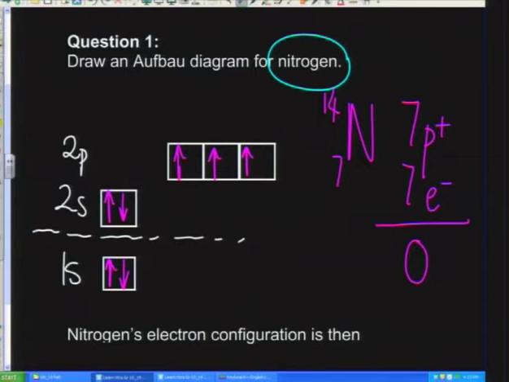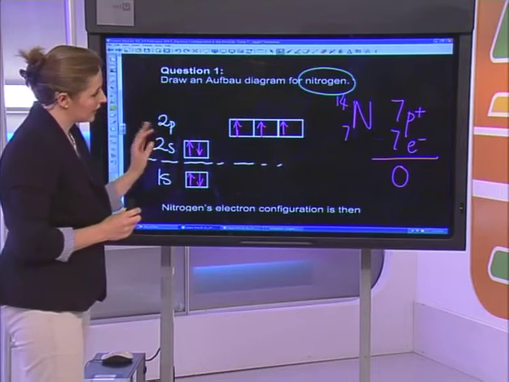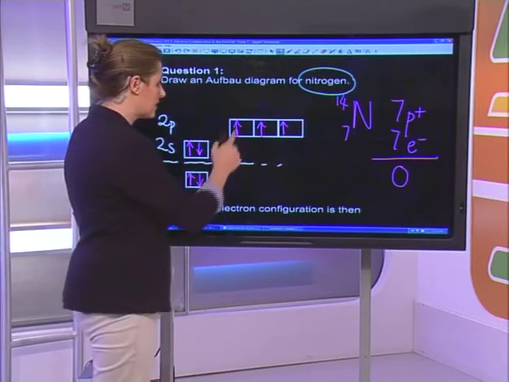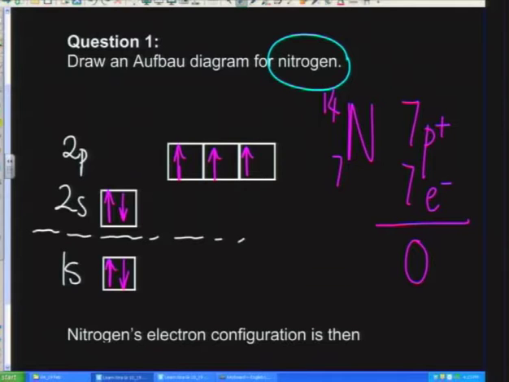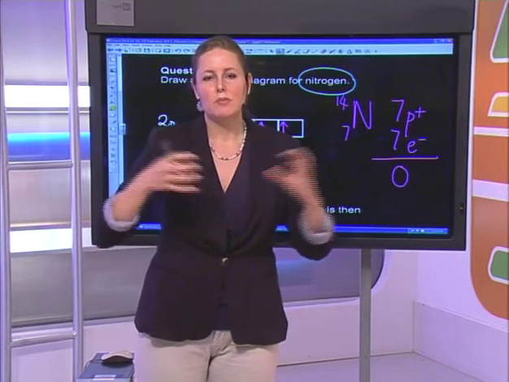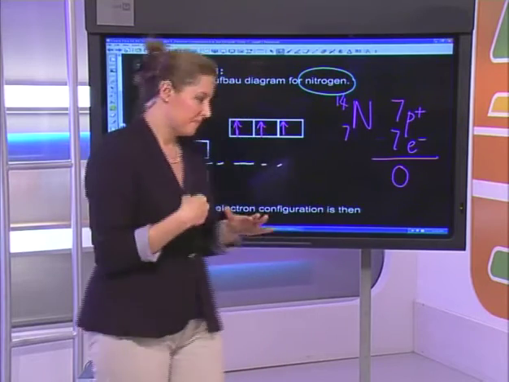That is the 7 electrons for nitrogen. As I drew these in, I didn't put 2 of them in one of the p orbitals. I separated them out, putting 1 in each of those p orbitals, because they want to be as far away from each other as possible within that same energy band.